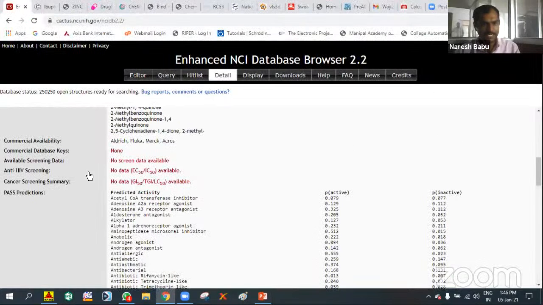These are the predicted data it is giving in PASS. Separately, in the other slide, I have given the complete information about the PASS prediction. So we can go through that later.